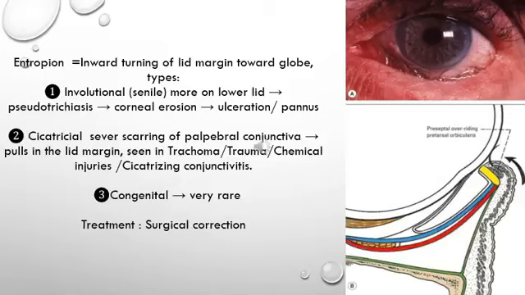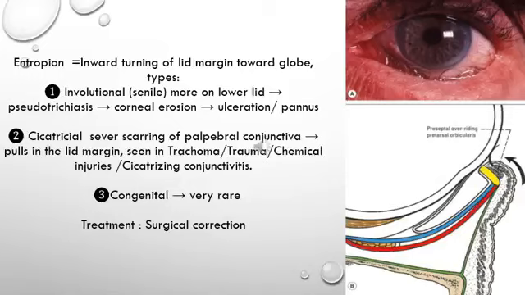Okay. Entropion, as I said, is inward turning of the lid margin toward the globe. We have three types: involutional entropion, cicatricial entropion, and congenital entropion. The involutional or senile entropion is usually more on the lower lid.